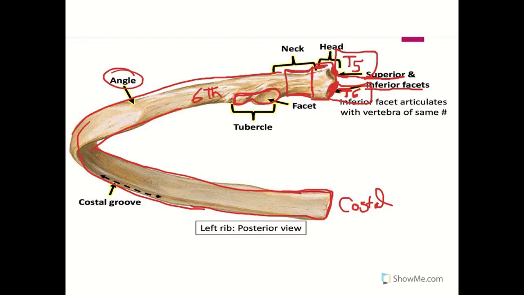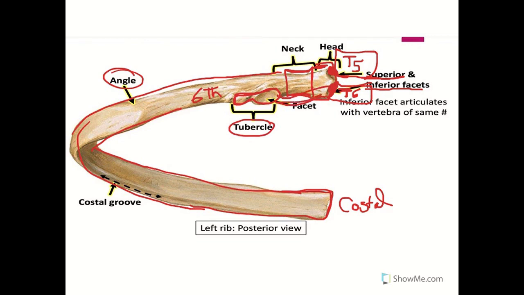It has two facets. The lower facet articulates with the side of the corresponding vertebra, and the upper facet articulates with the side of the vertebra above. And also the tubercle of the rib here has a facet. This facet is for articulating with the transverse process of the corresponding vertebra.